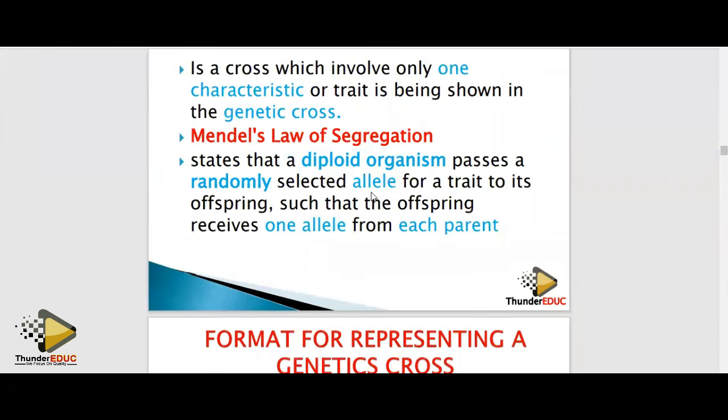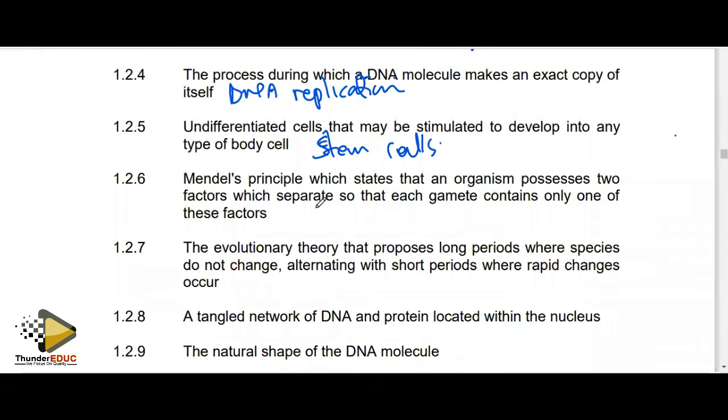It happens randomly. We pass them through gametes, such that the offspring receives one allele from each parent. So this is Mendel's principle of segregation.